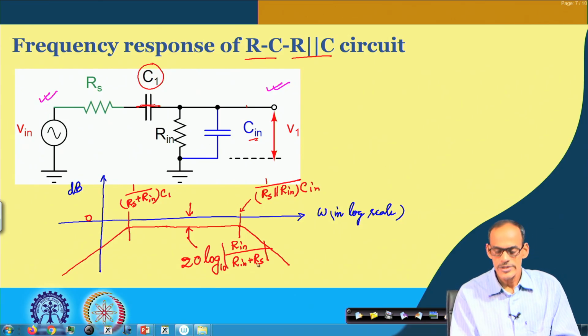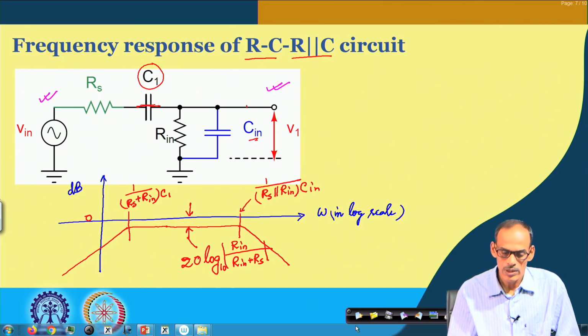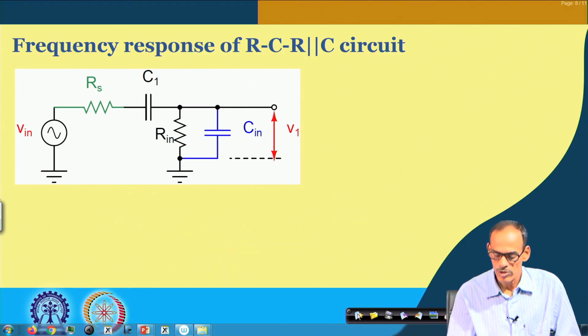Now, we shall use this frequency response to get the frequency response of the CE and CS amplifier, considering the high frequency model of the transistor, in the next slide.